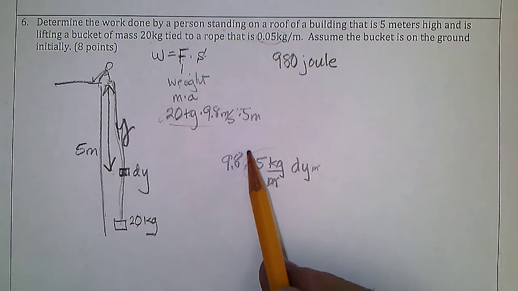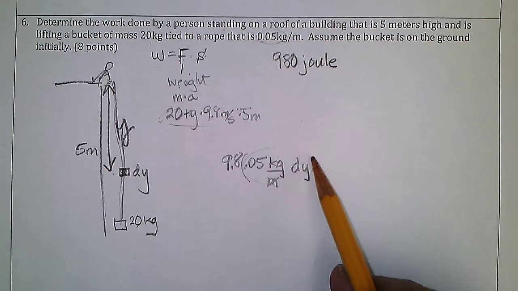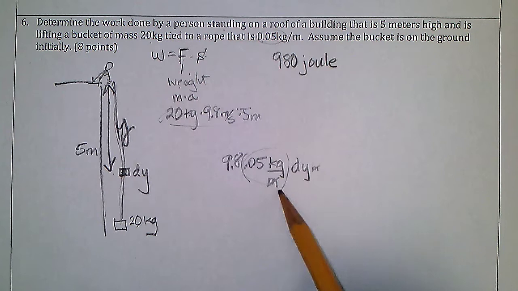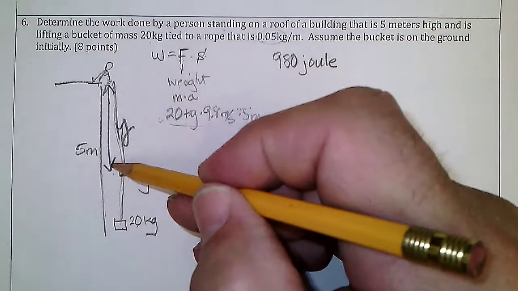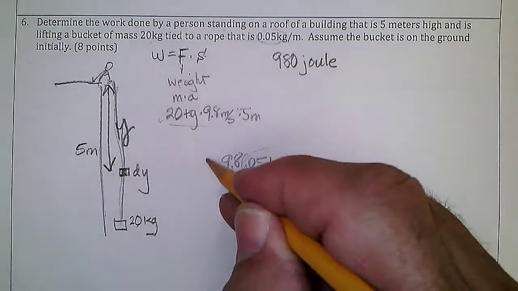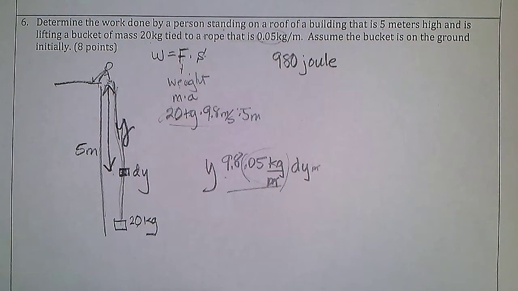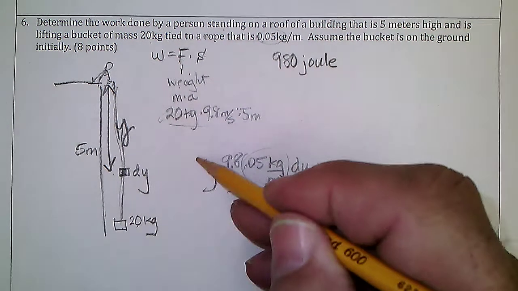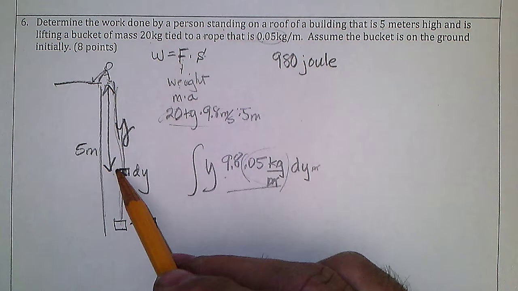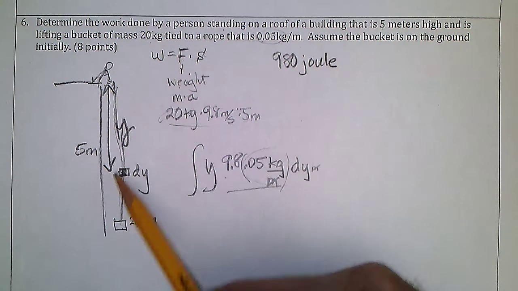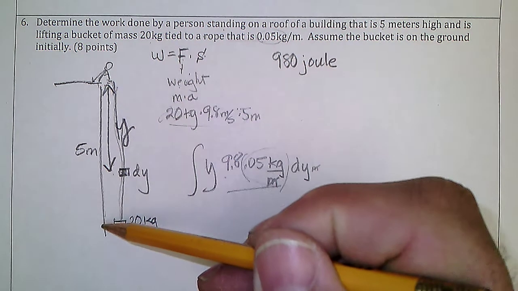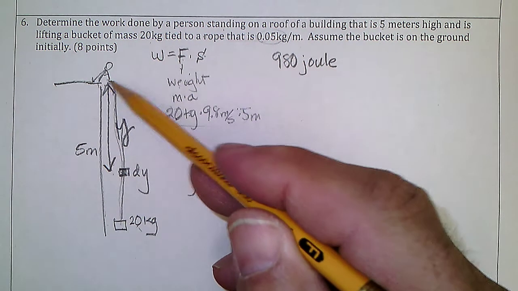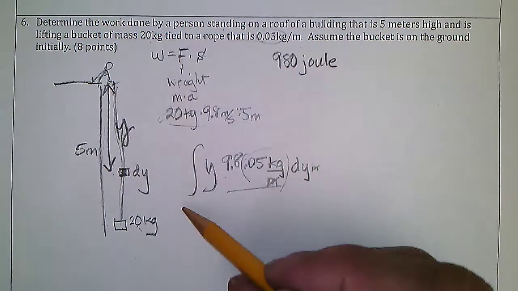So now we have the force, and the distance it has to go up is y, so we got to take that times y, and we got to lift this piece, and we got to lift all the other pieces, which are going to be all the pieces from y being 0 to y being 5.